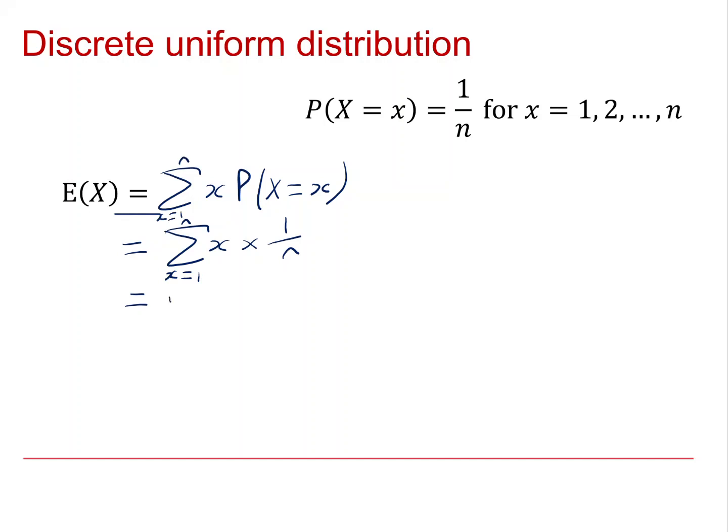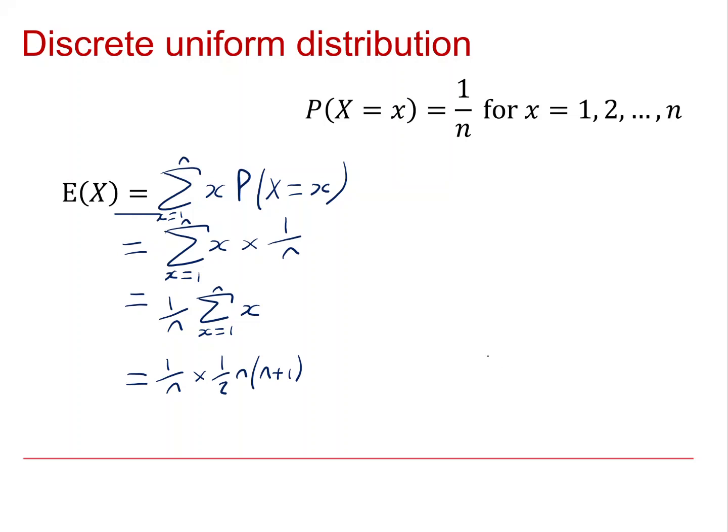So we can take that outside, and we'll get 1 over n times the sum from x equals 1 up to n of x. Now you might recognise that as the triangle numbers. That's 1 plus 2 plus 3 plus 4 all the way up to n. So you may well know that the formula for that is a half n times n plus 1.